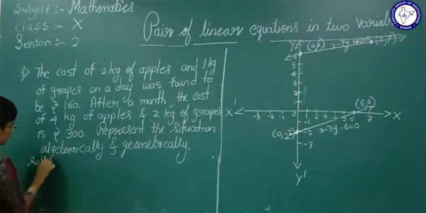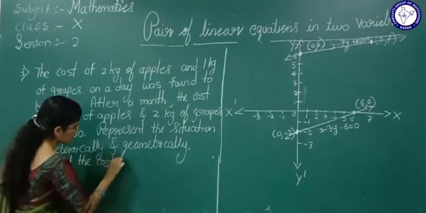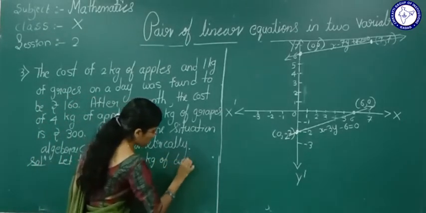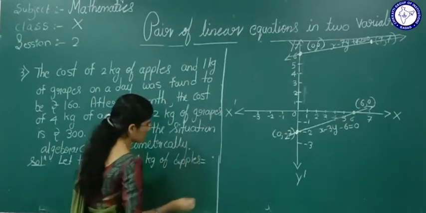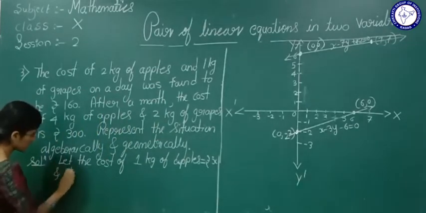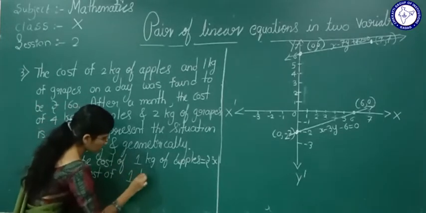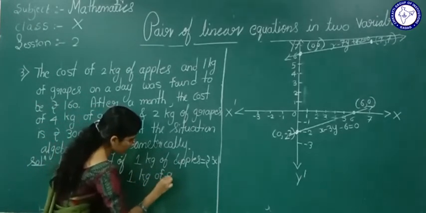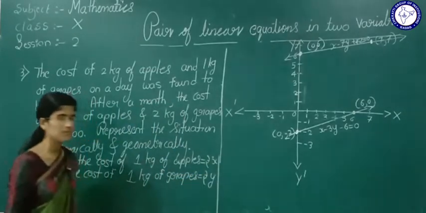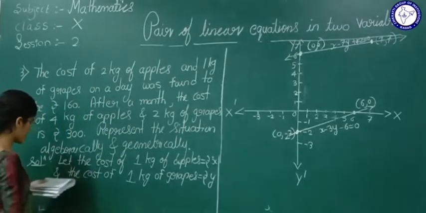Solution: let the cost of 1 kg of apples be rupees x and the cost of 1 kg of grapes be rupees y. So according to the given condition, we will write the equations.